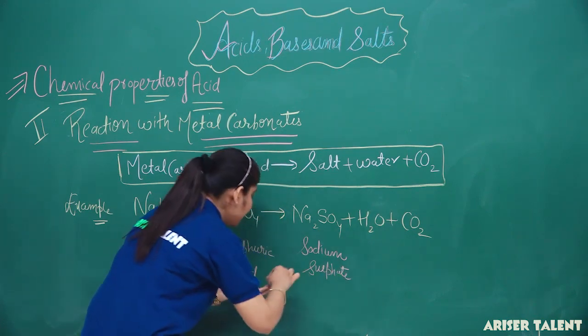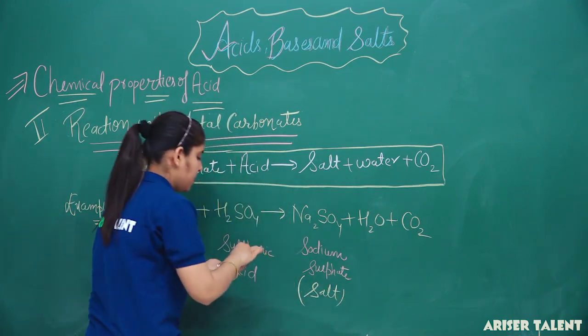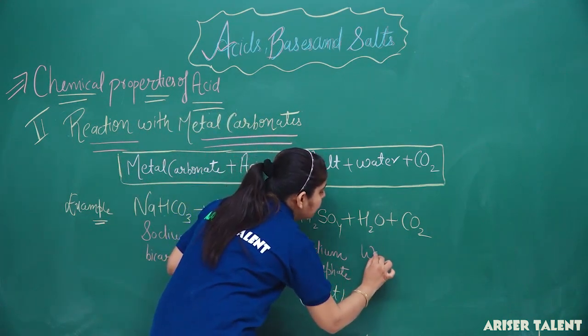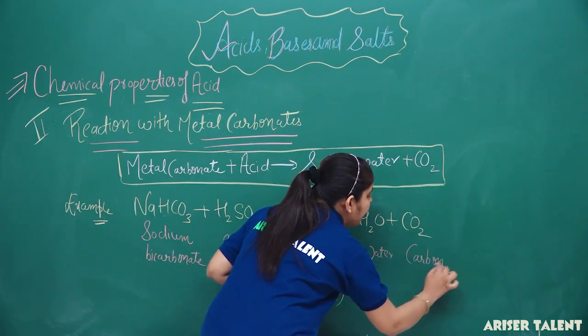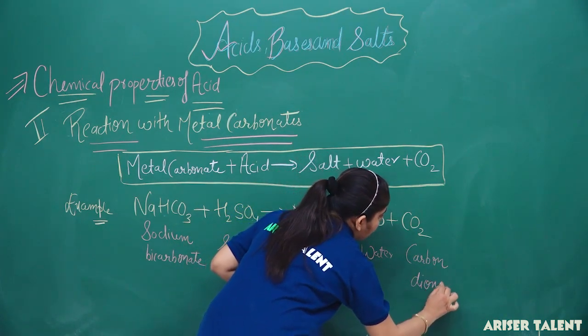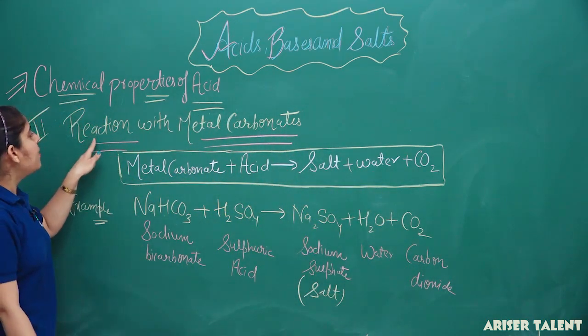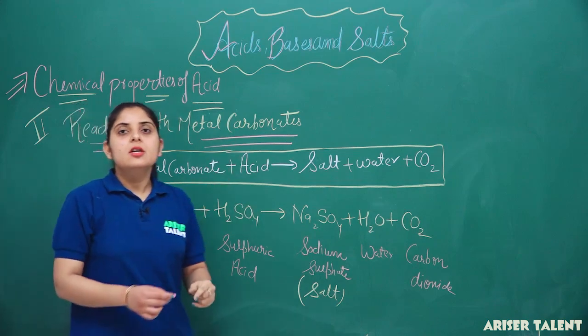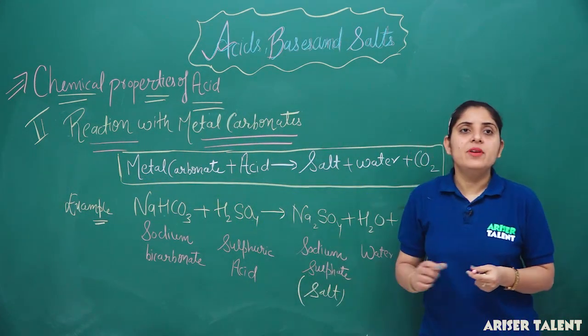Now this is water and this is evolution of carbon dioxide gas. So this will be the general representation of a reaction with metal carbonates. I hope this will be easily understandable by you with the help of an example.